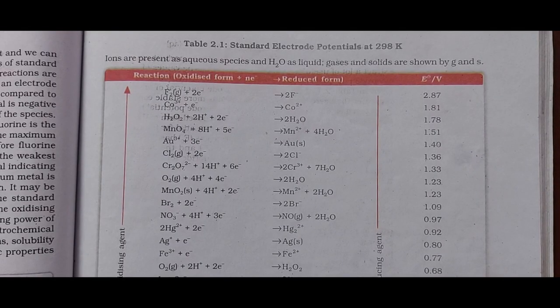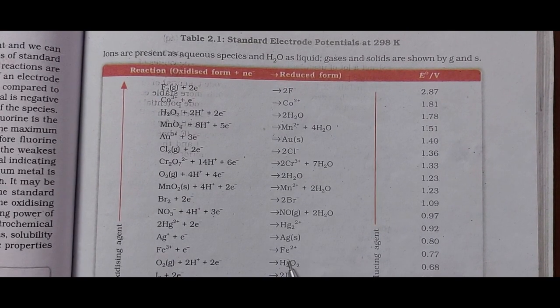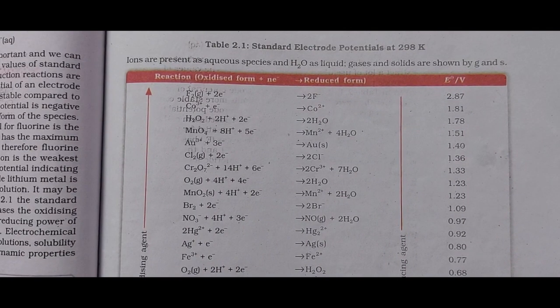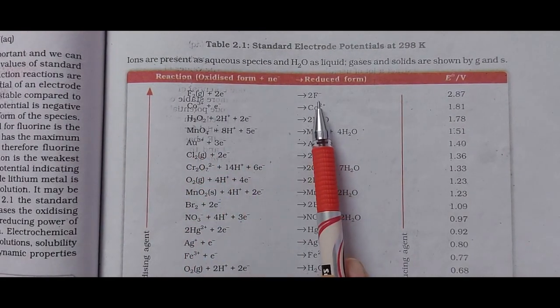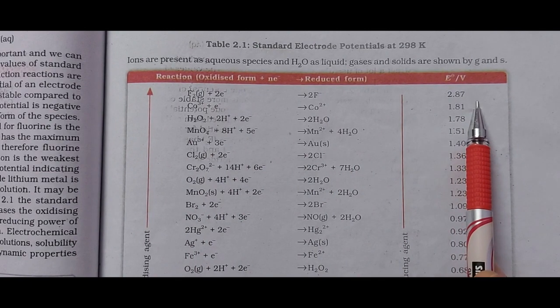If you look at your NCERT textbook, even in first PU in the lesson Redox Reactions as well as in second PU, they have given this electrochemical series arranged in decreasing order. Here you can see that fluorine easily undergoes reduction and hence it has a positive electrode potential value.